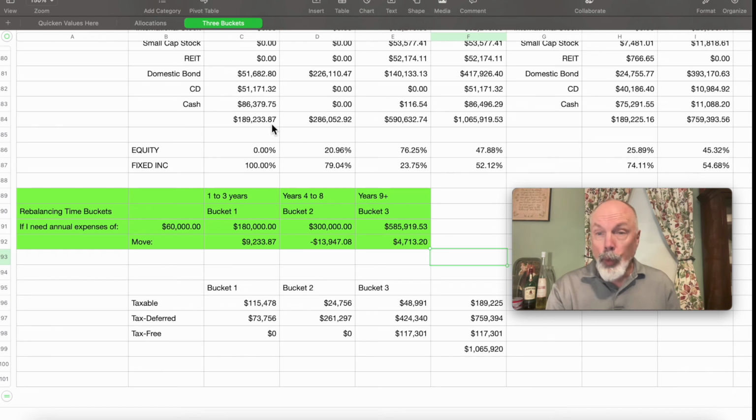And it takes what you currently have and makes these rules here that say if you really want to rebalance your time buckets, then you want to move about $13,000 into bucket 2, and it's going to come from mostly bucket 1 and some in bucket 3. And again, this is the sample data. This is not 2022 in Jim's world.